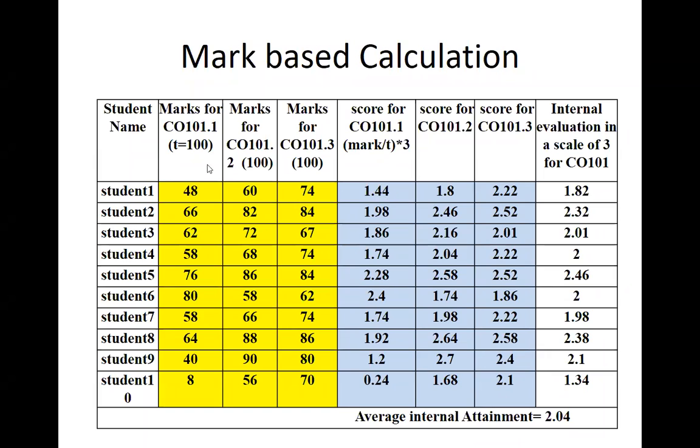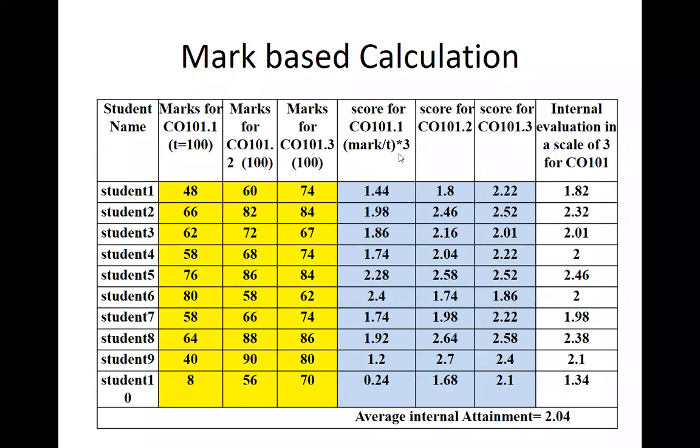I hope this is clear. My course has got 3 course outcomes. All the course outcomes I am testing the students for a mark of 100. So I am normalizing the values by dividing by 100.